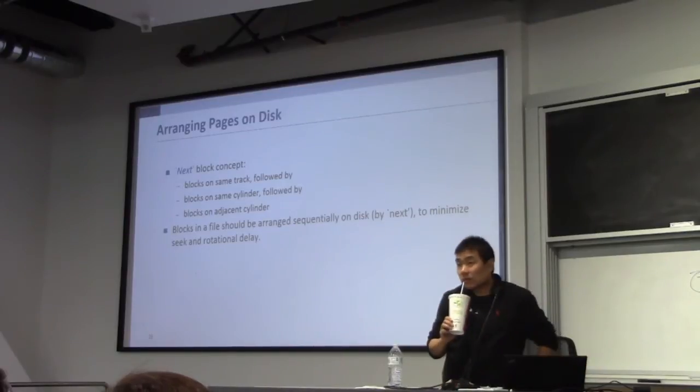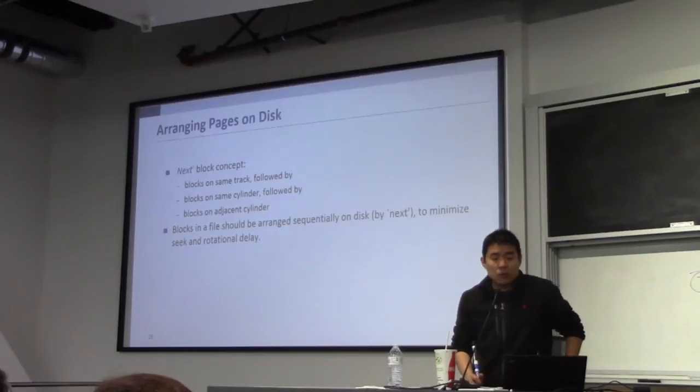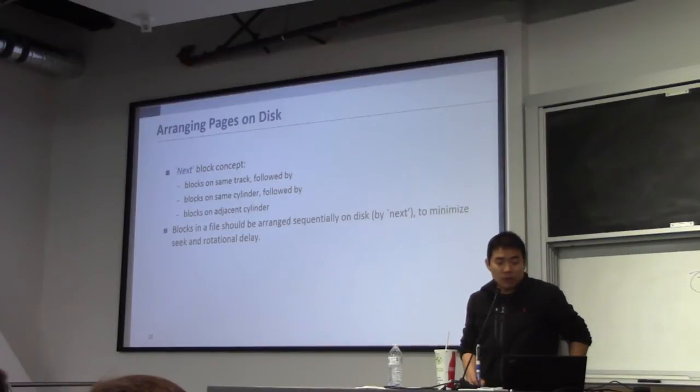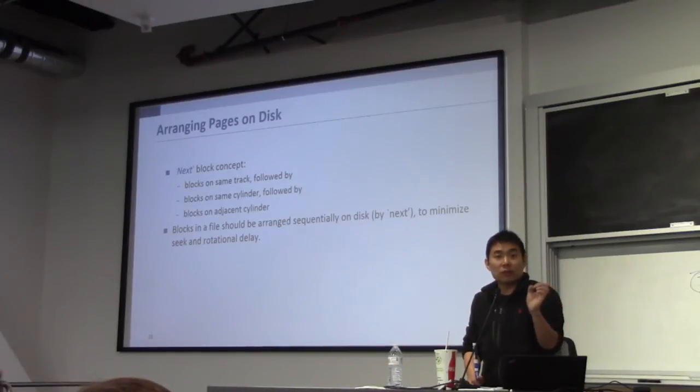So with this concept in mind, you obviously want to make sure blocks in a file are arranged sequentially on disk, meaning next to each other. Windows used to have this operation, I think they still do, called disk defragmentation. It's recommended you do that from time to time.